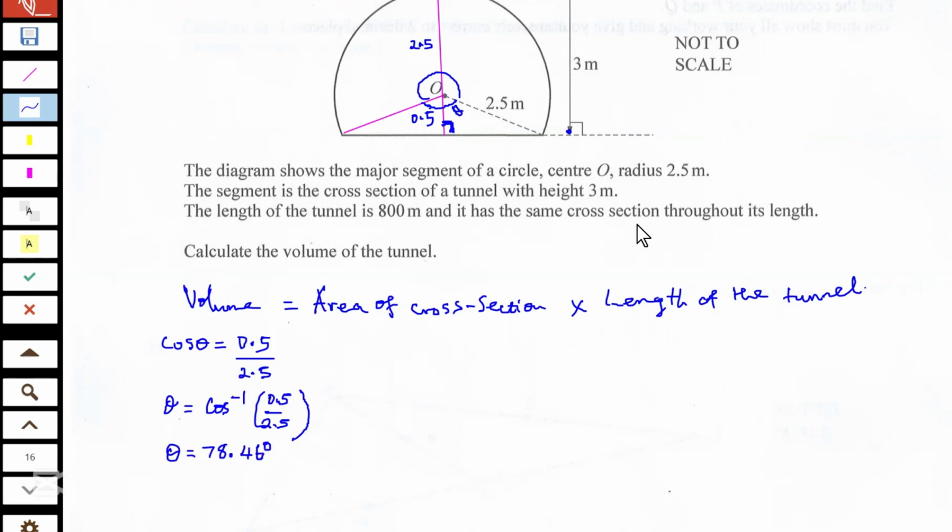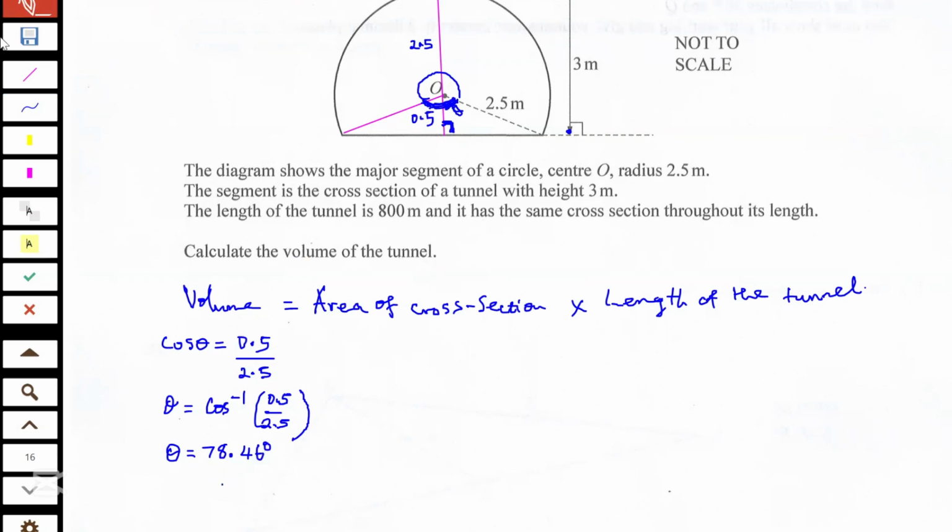78.46 degrees. Now, 78.46 degrees is just the angle of the right angle triangle here. This angle is what we have as 78.46. But if we were to find the whole of this angle in the triangle, we'll have to multiply 78.46 by 2.